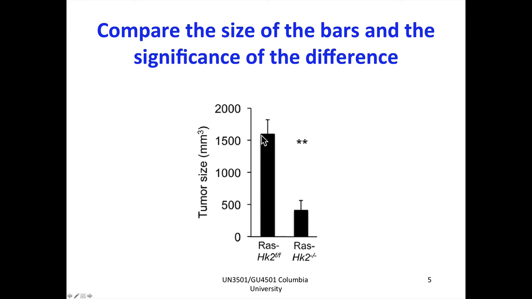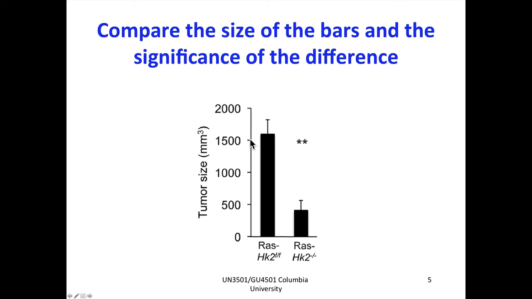Now in this case, they haven't normalized the value to 100%. They could have done that, but the convention in reporting tumor size in these kind of tumor xenograft experiments is you just report the actual size of the tumor. You don't normalize it, because the actual size of the tumor is important. You want to know if you're dealing with big tumors or little tumors. That changes how they respond to things. So they're showing us the actual size of the tumors.